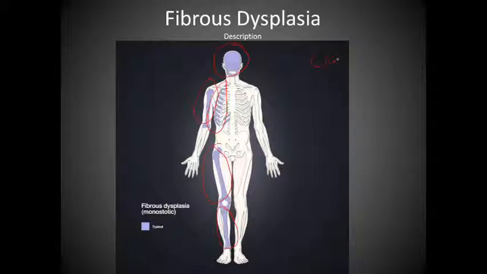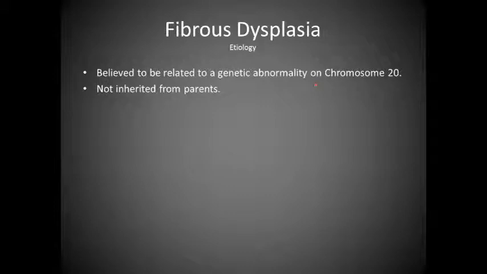Monostotic fibrous dysplasia usually occurs in the cranium, humerus, ribs, femur, and tibia. Each of these are common sites for monostotic dysplasia.